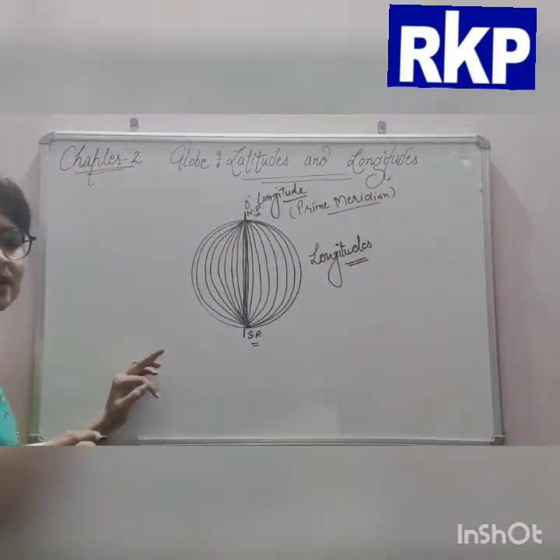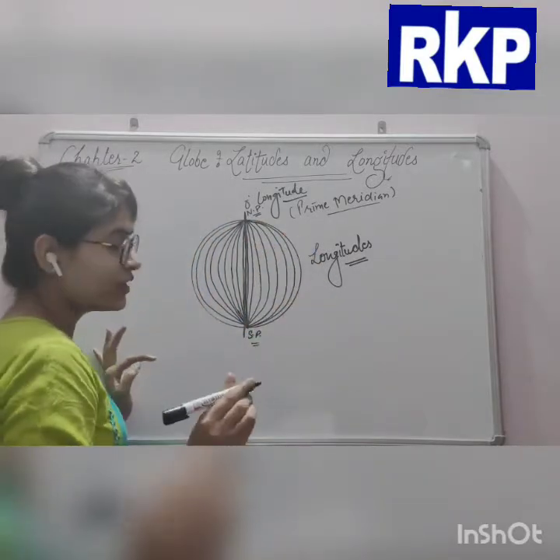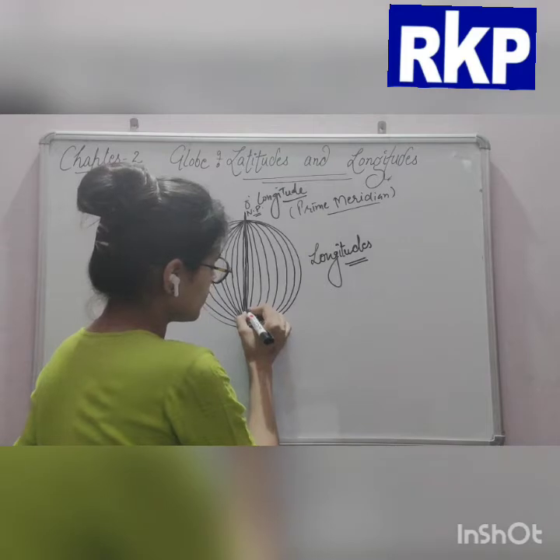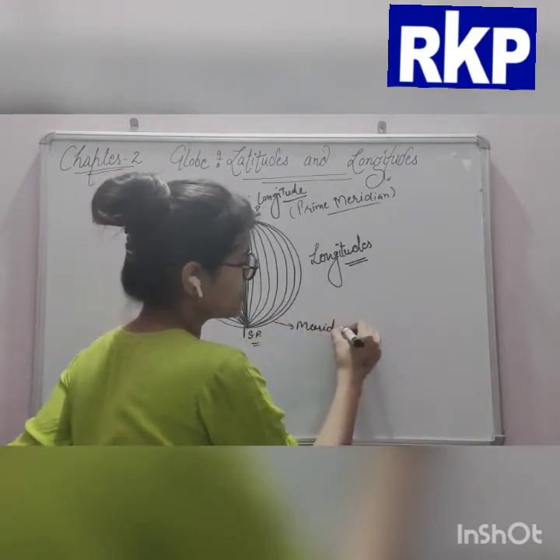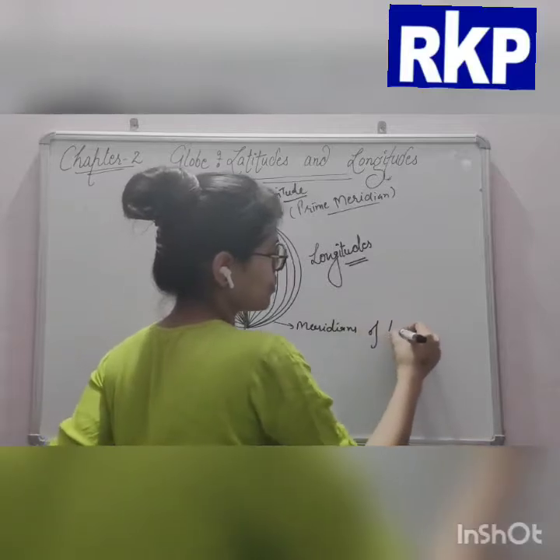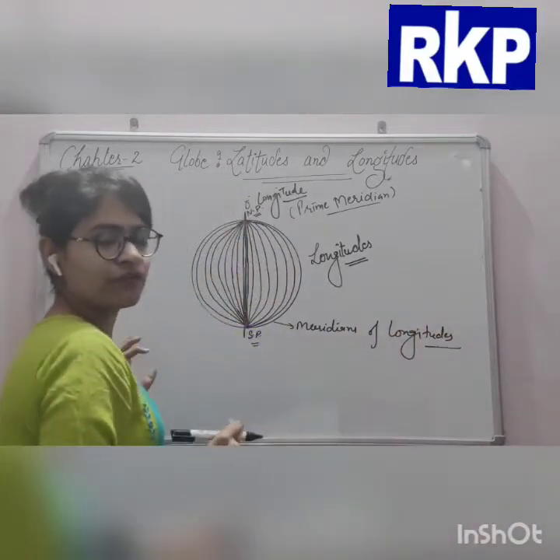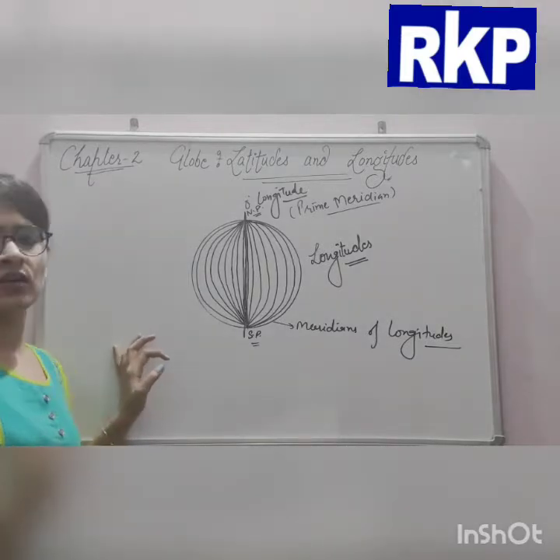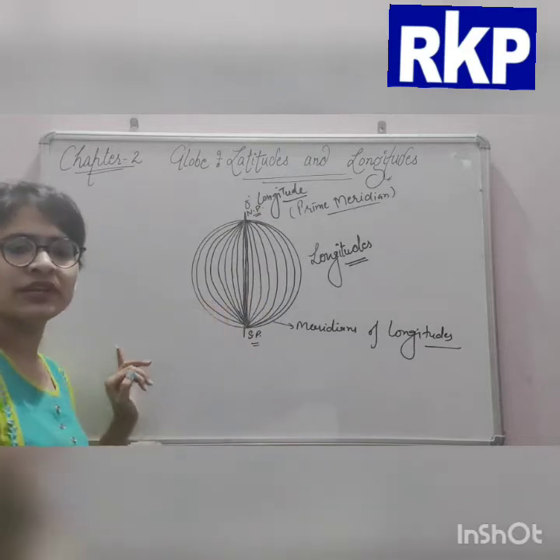All the other lines are the meridians of longitude. The particular line from where we can start counting our time is called the prime meridian.